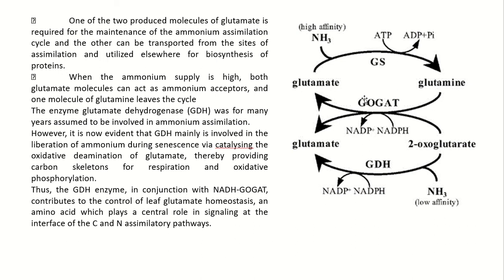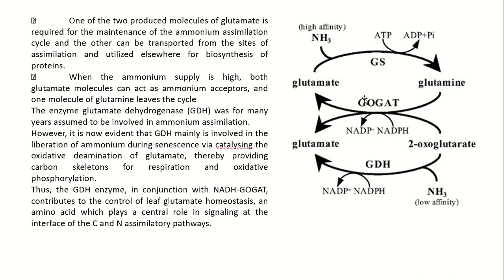Now the enzyme glutamate dehydrogenase, GDH. For many years it was assumed, and many books also say, that it is involved in the liberation of ammonia during senescence or defoliation, in etiolated leaves, by catalyzing oxidative deamination.